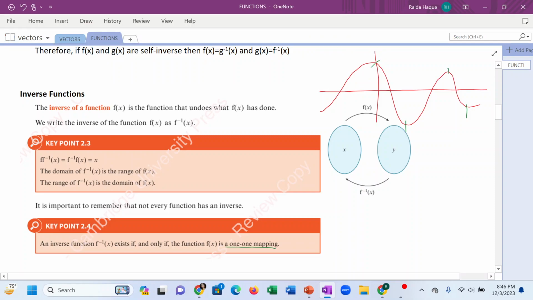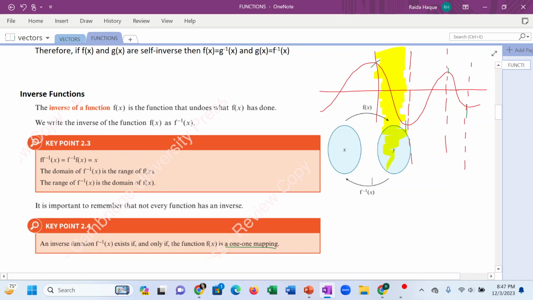You basically take the turning points and then you draw a line parallel to the y-axis through the turning points. So over here we have 1, 2, 3, 4 turning points, and we drew lines parallel to those turning points. And the region between any two turning points is a one-to-one function.